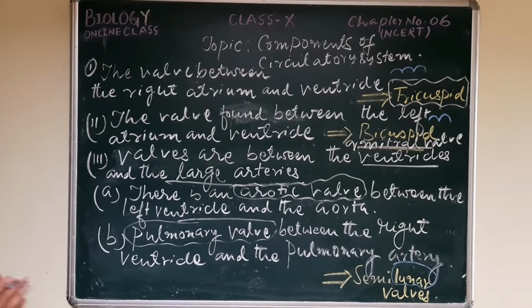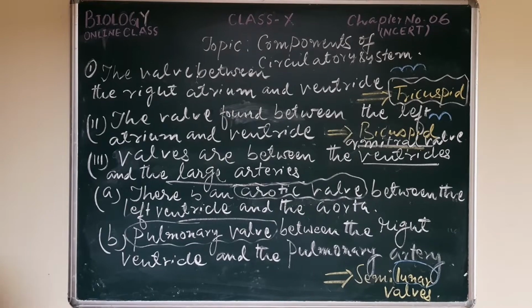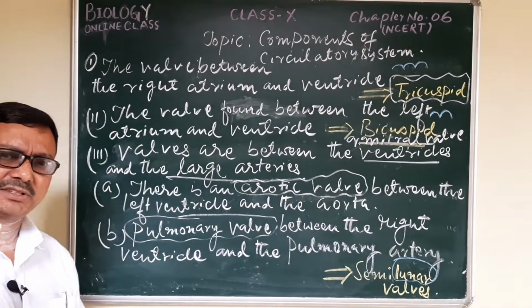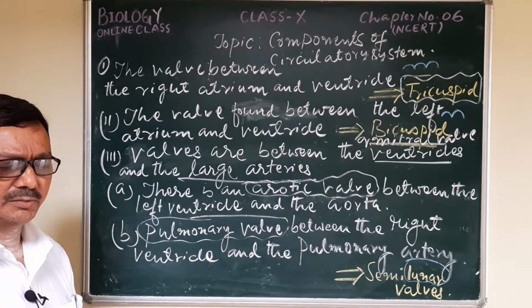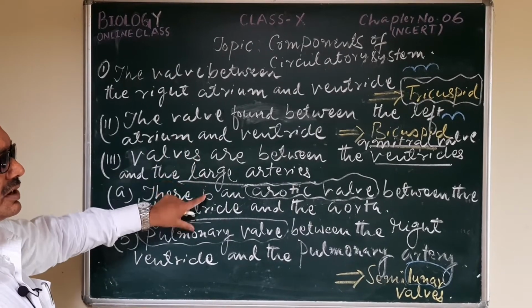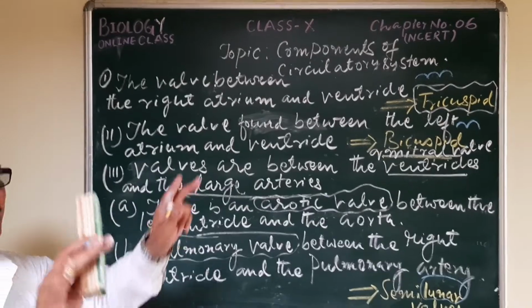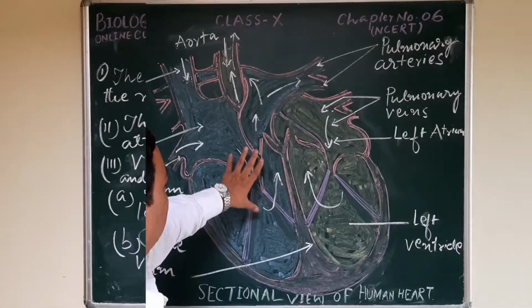So these are some facts. Why do we study all these things? Only for the purpose that when we study the next part with the help of a diagram, the course of blood circulation, we have no problem understanding the circulation through the human heart.